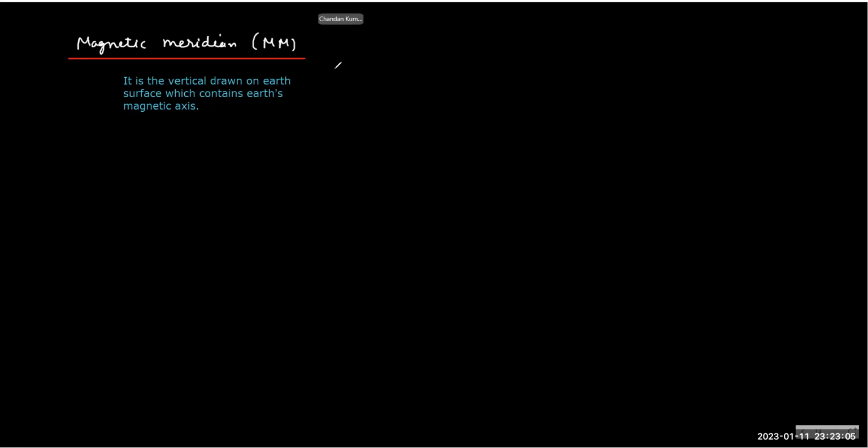Now, one thing is sure that because of the inclination of the geometric and magnetic axis of Earth, these two planes will never be the same. So if I call one of the planes GM, then how will the MM look? It will look like this, slightly tilted.